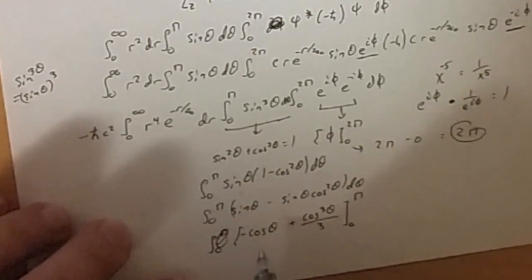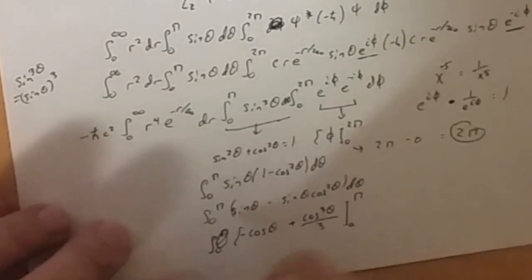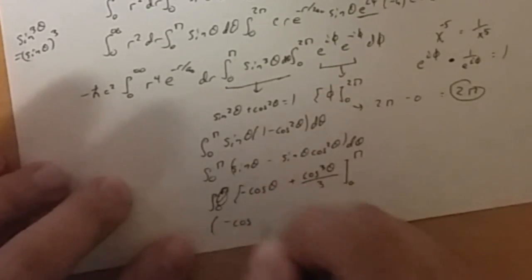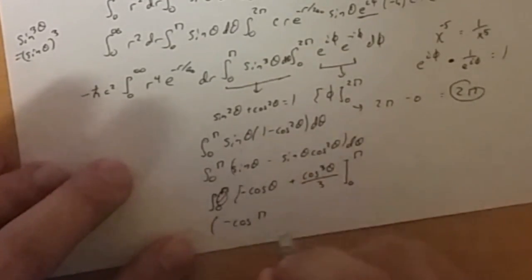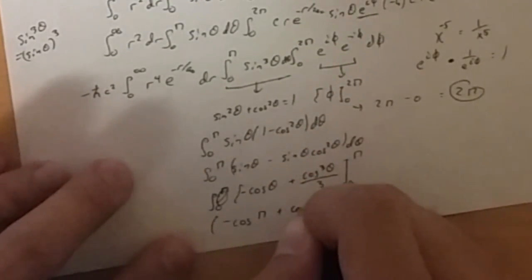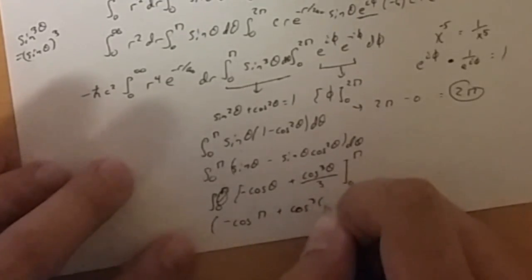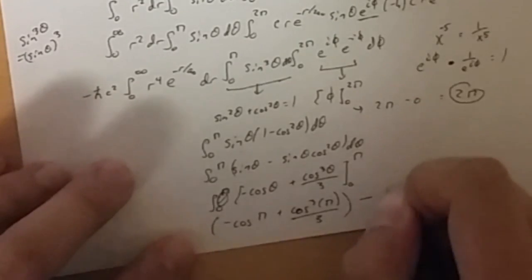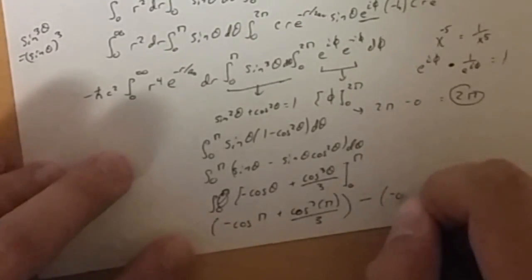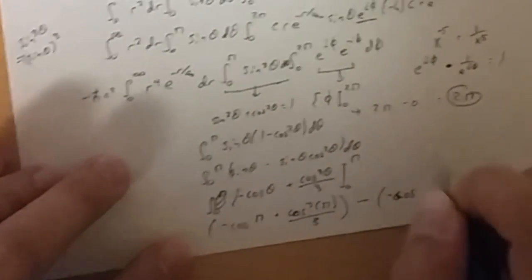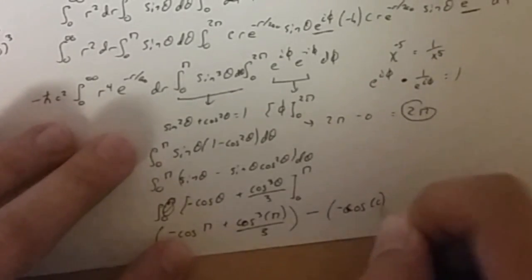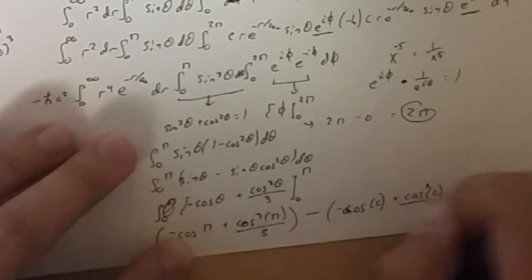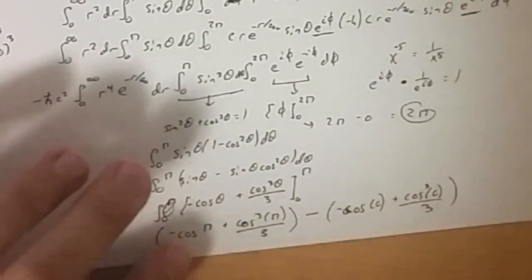Let's write everything out. So negative cosine, we plug in a pi, plus cosine cubed of pi over 3, minus negative cosine of 0 plus cosine of 0 cubed over 3.